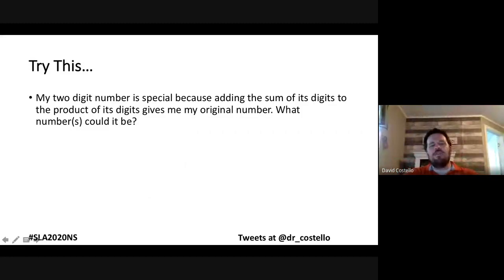So I have a 2-digit number and it's special because when I add its 2 digits together with the product of its 2 digits, it gives me my original number. What number or numbers could it be? So I want you to try to work through this and to solve this.